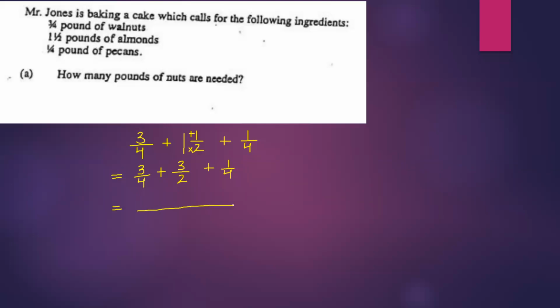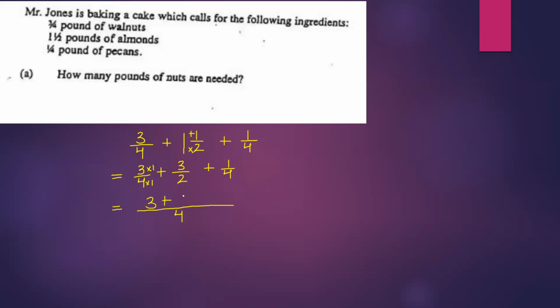all over. What is the lowest common multiple between 4, 2, and 4? 4, very good. What times 4 gives us 4? 1. Whatever we do to the bottom, we must do to the top. So it's going to be 3 plus.